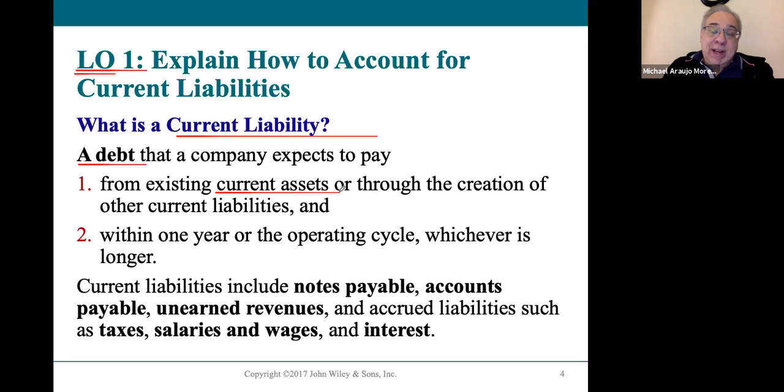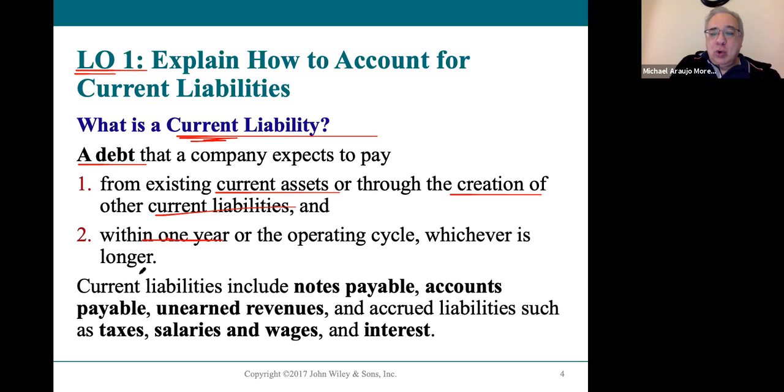On occasion, we may not have enough liquid current assets to pay our current bills, and so we might need to create other current liabilities to pay off current liabilities that are due. Okay. So again, the word current in accounting, within 1 year, is the important thing.